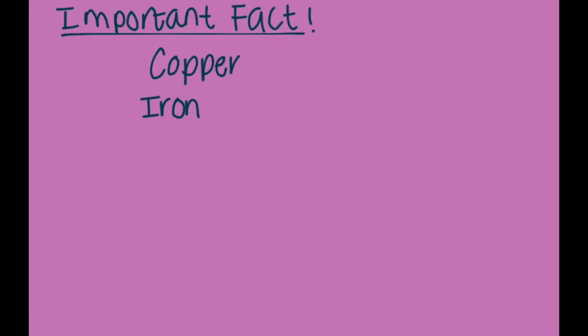One important fact to take into consideration is when dealing with certain transition metals. Most transition metal ions and a few other metal ions include a Roman numeral after their name. For example, we could have copper(II) or iron(III) when forming compounds. This is because these metals form ions with varying charges, and the Roman numeral identifies the charge in each case.